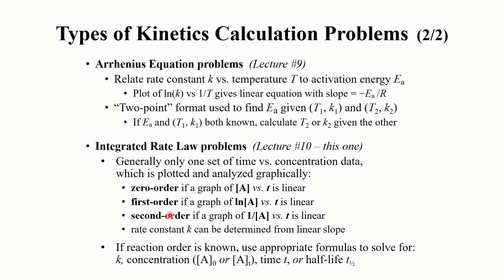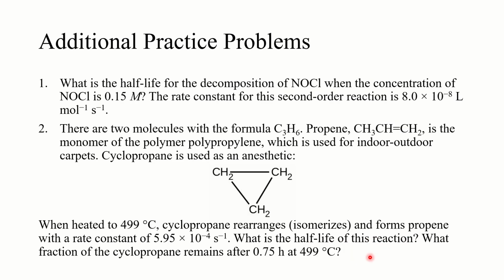And finally, it is second order if the graph of the inverse of concentration versus time is linear. You can determine the rate constant k from the slope. You can also determine the initial concentration based on the y-intercept. And then if reaction order is known, you can use appropriate formulas to solve for the rate constant, to solve for concentration, to solve for time, or you may be asked to solve for half-lives.